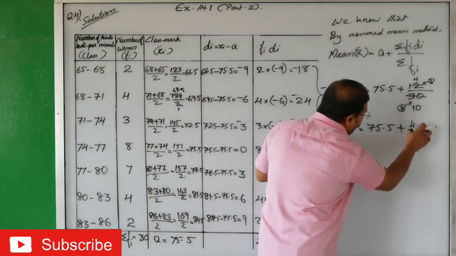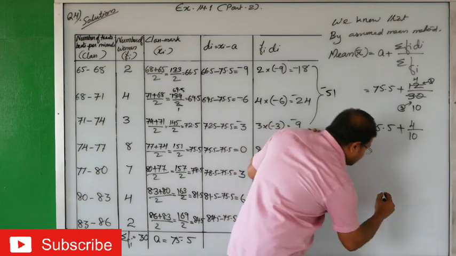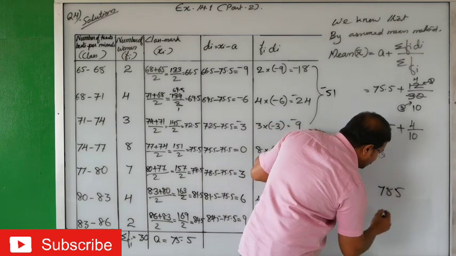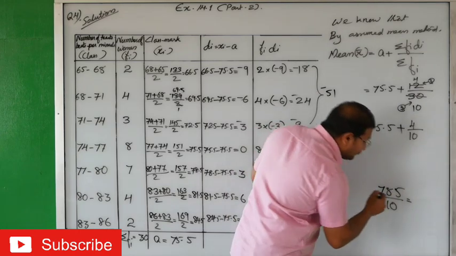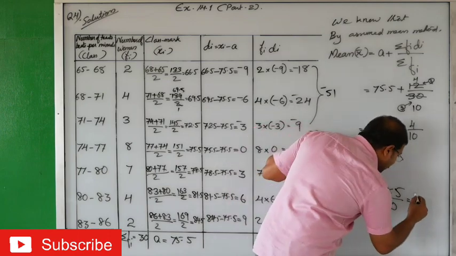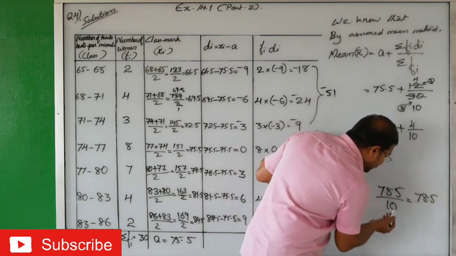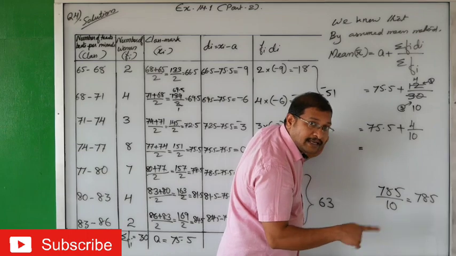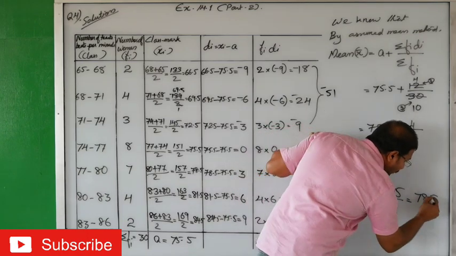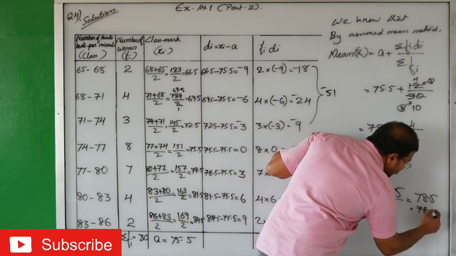We want to find out 4 by 10. So what you will do? Any number, suppose I am taking 785, divide by 10. Any number divide by 10, what you will do? First you will write the number 785. After that, 10 means 1 zero. From right, left, 1 point. That means you are getting 78.5.